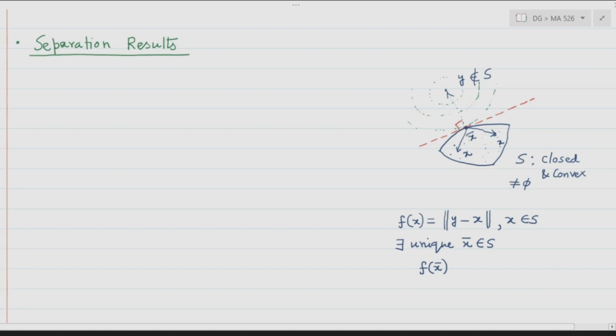And here we note that you have not only the fact that you have one x bar, but also the fact that this x bar is unique in nature, provided the set S is a closed and convex set. Now the entire theorems of alternatives or the separations of disjoint convex sets, all the results towards this separation of disjoint convex sets are depending on this simple geometrical fact.